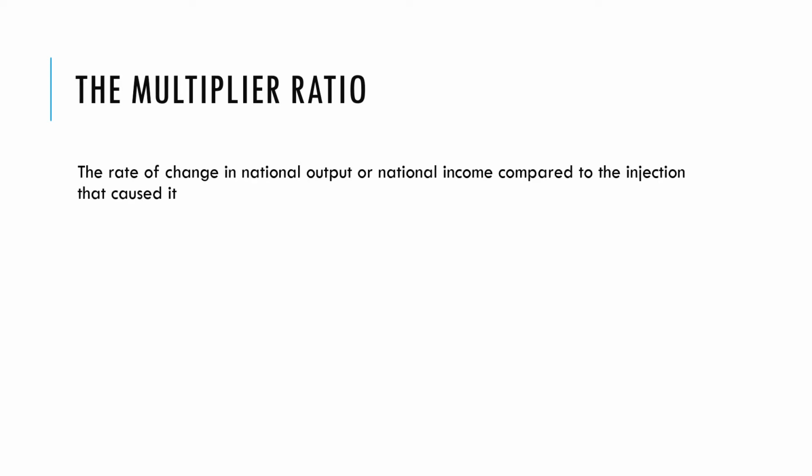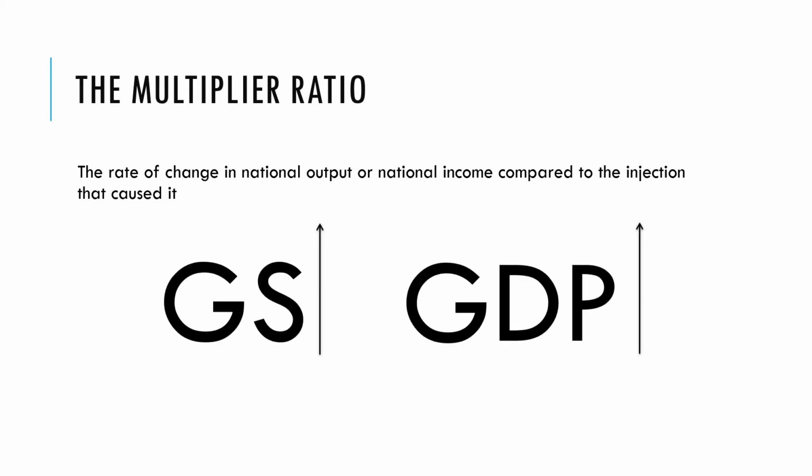So the multiplier ratio is the rate of change in national output or national income compared to the injection that caused it. So what we're saying is if there's an increase in government spending, how much would be the final increase in GDP? So if we take the injection into the circular flow and times it by the multiplier ratio, we would get the final change in GDP.